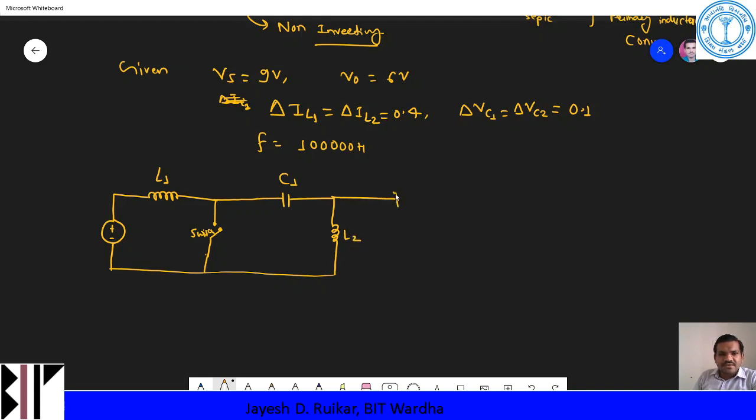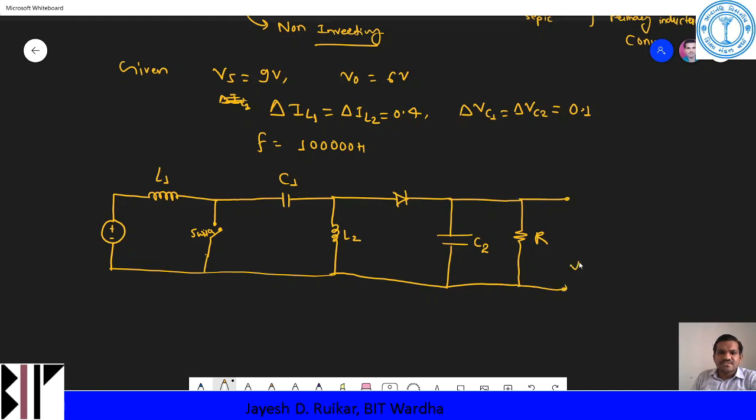Then a diode is required, and then another capacitor, that is C2, and we have a load resistance across it. We take the output voltage across this, that is our V out, and this will be our Vs, or you can say V in.